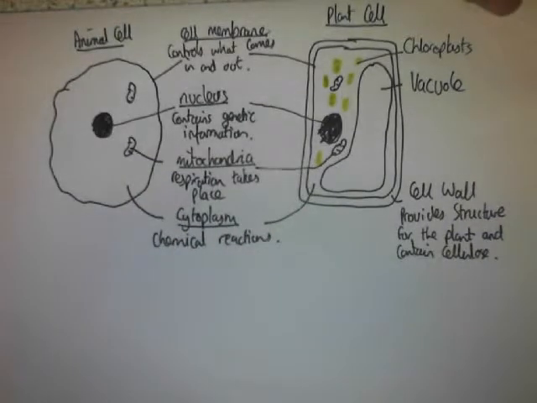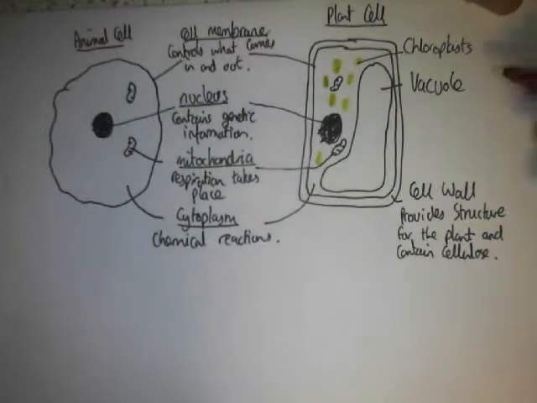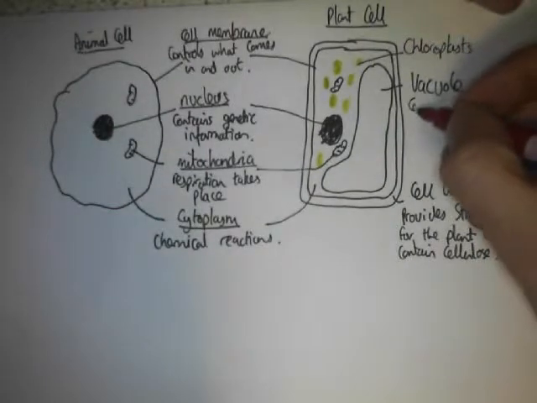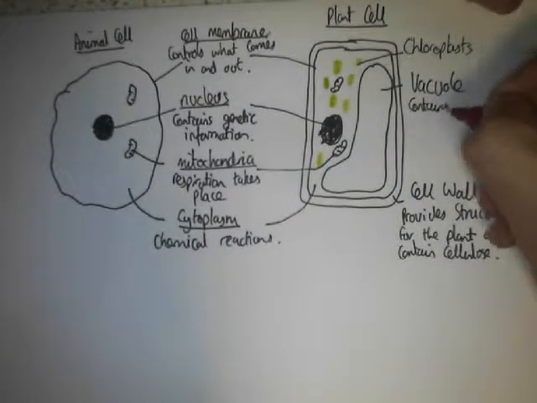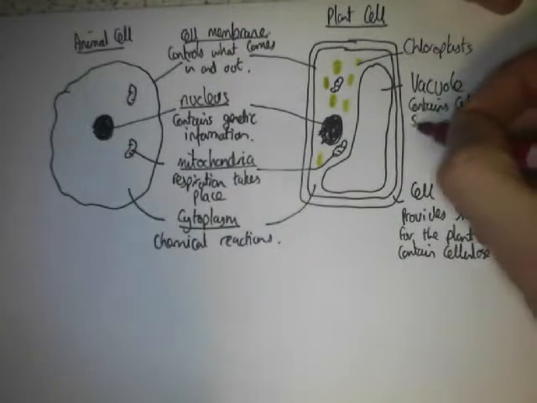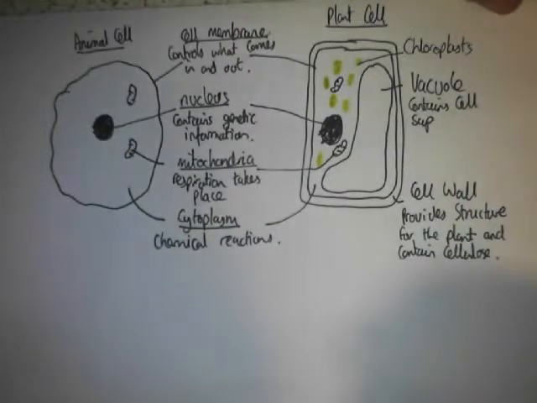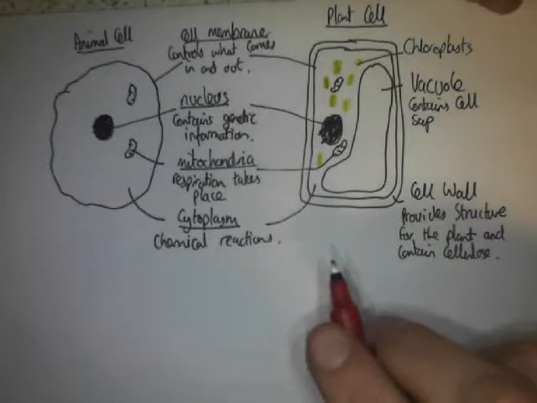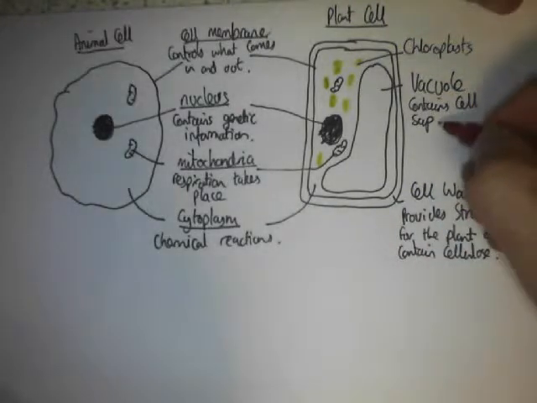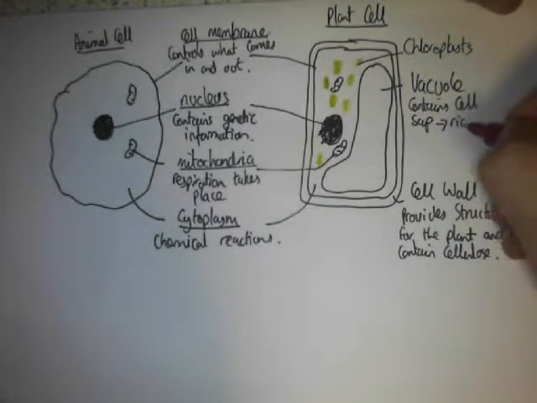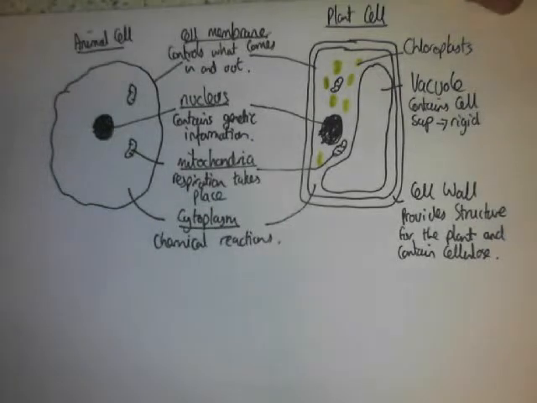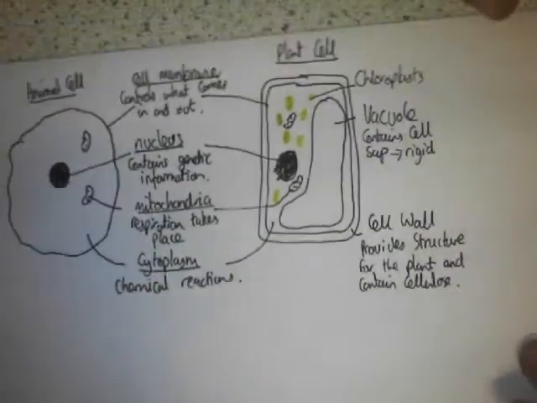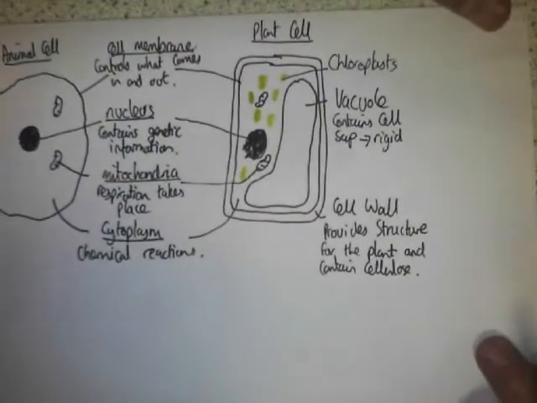Okay, now we are going to look at the vacuole. Vacuole contains cell sap, and it helps keep the plant rigid. And lastly then, the green things, and I haven't left much space here, which is very silly of me.